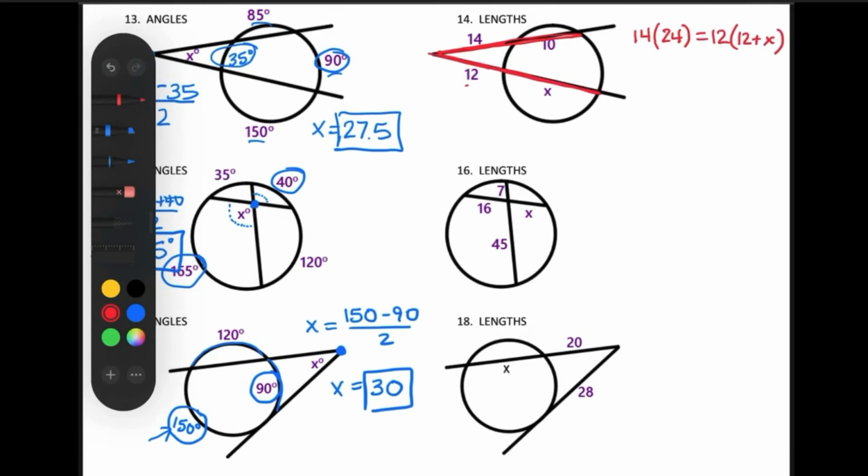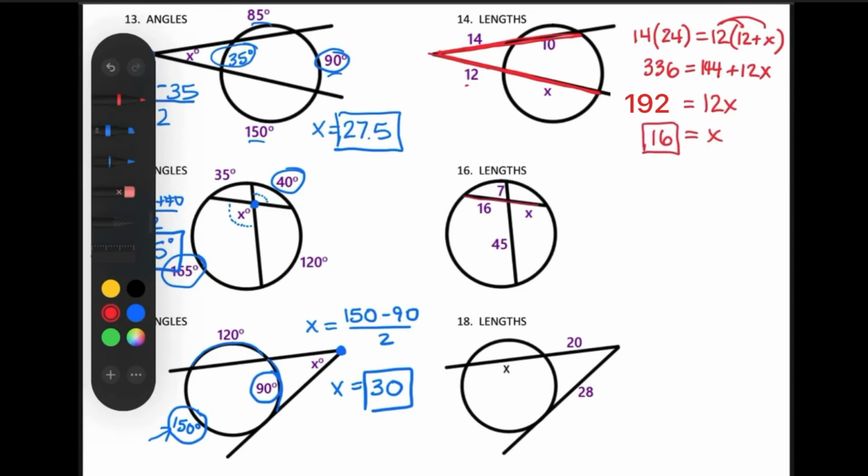And then we just have to solve that. So 14 times 24. Most of you like to distribute the 12. Subtract 144. And divide by 12 should be 16.